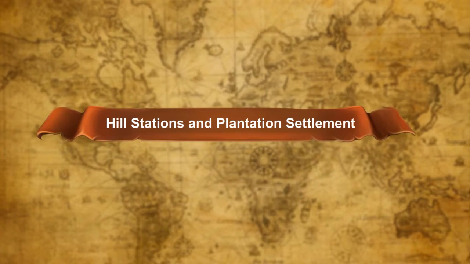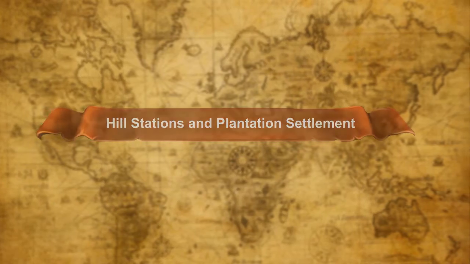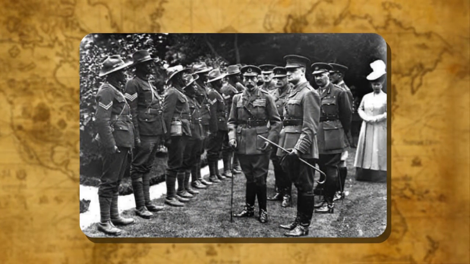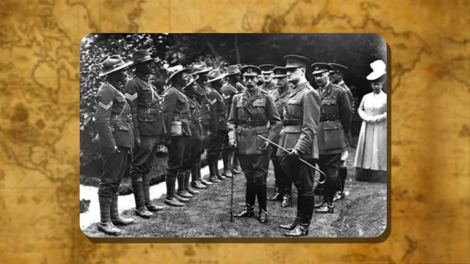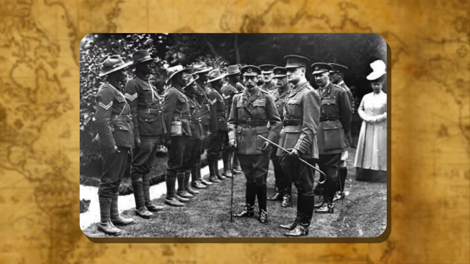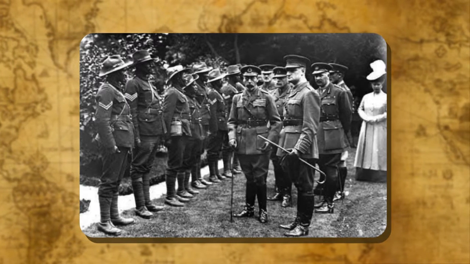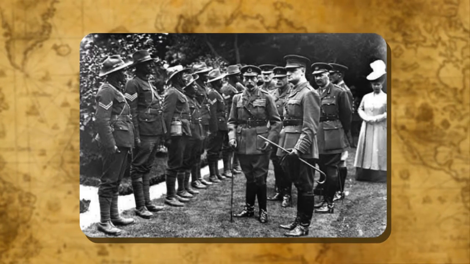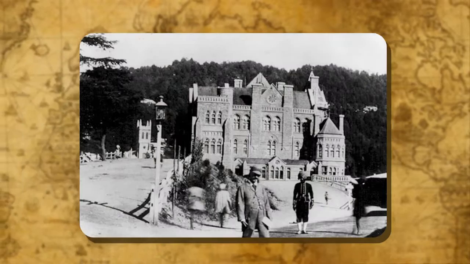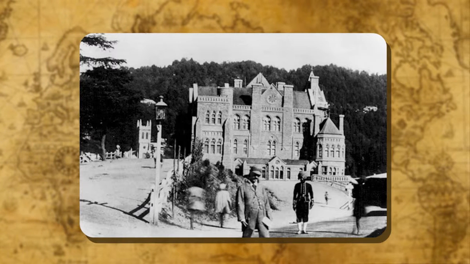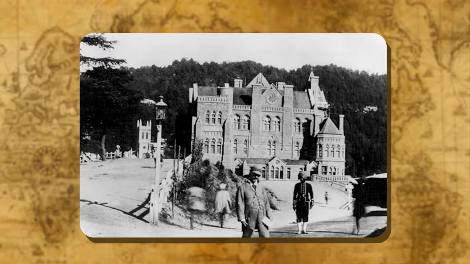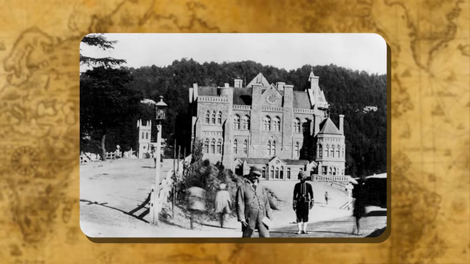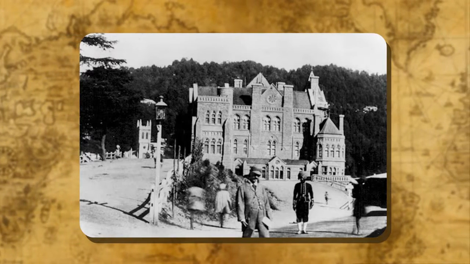Hill stations and plantation settlements. The British, who came from a cool temperate climate, found the Indian summer season inhospitable. They found an escape in the hills where they could spend summer. Even the national capital was shifted from Delhi to Shimla for 6 months. Between 1815 and 1870, there were 80 hill stations in different parts of India.